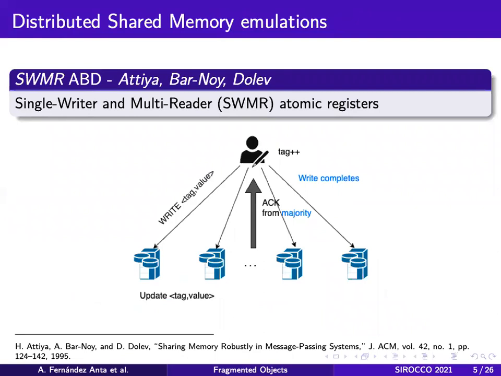The first distributed storage emulation was proposed by Attiya, Bar-Noy, and Dolev. They assume a single writer and multiple readers. During a write operation, the writer increases its local timestamp and sends the timestamp value pair to every server.